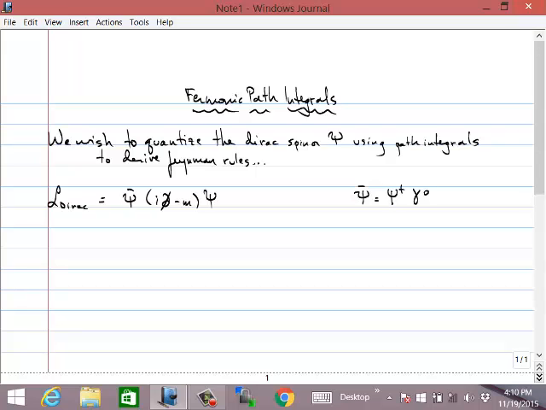And I'm using the compact Feynman slash notation, where d slash is both a derivative as well as a 4x4 matrix acting on these spinor indices. It's the contraction of the partial derivative operator d by dx mu with the gamma matrix gamma mu.